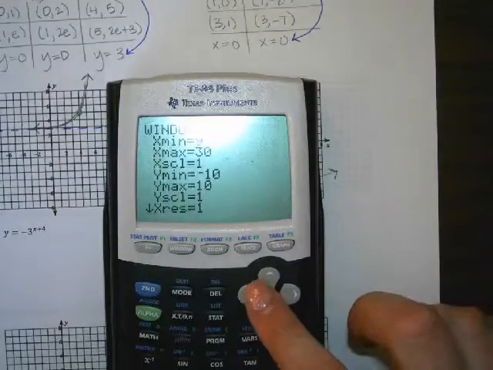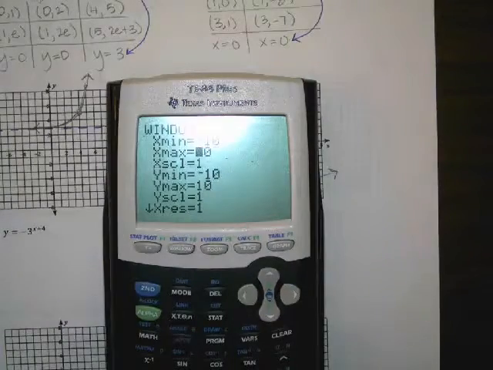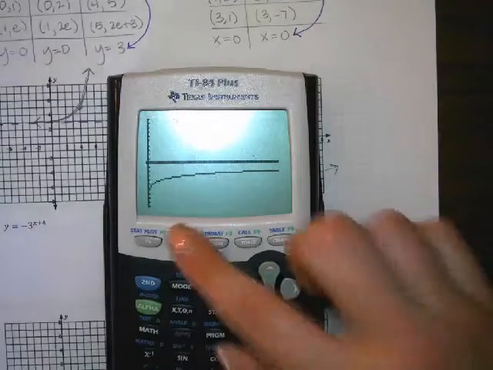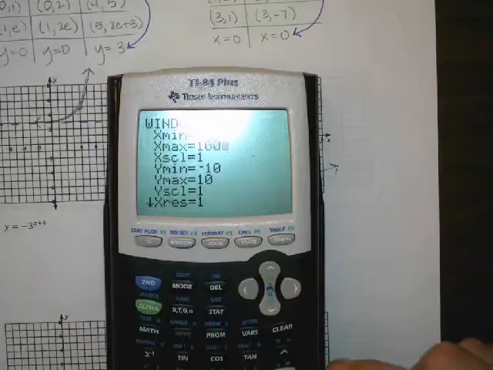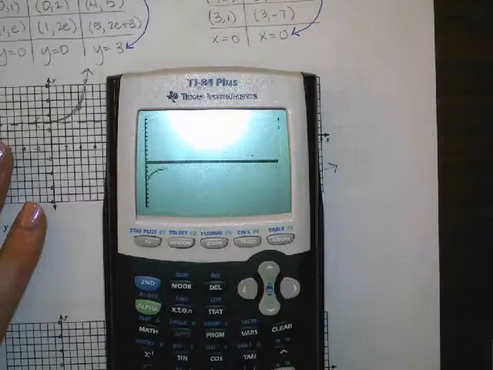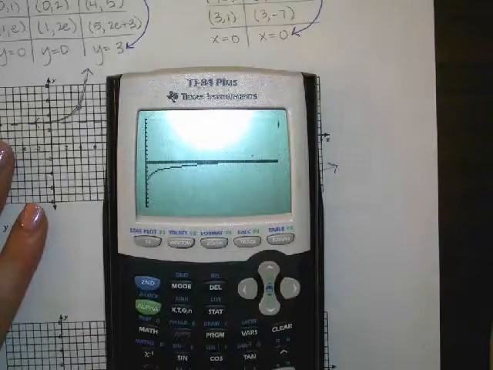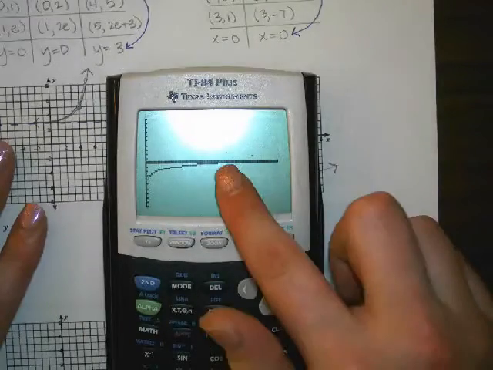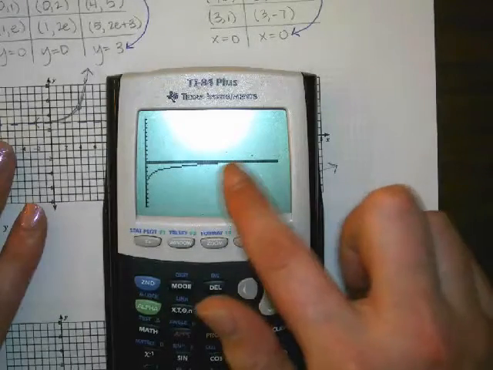Okay, let's try 900. -10 to 900. We didn't get it, so what should we do? 10,000. Try something bigger, 10,000. All right, so it crossed. You can't see it above, but it looks like it crossed somewhere around here.